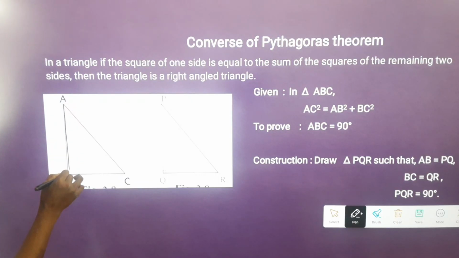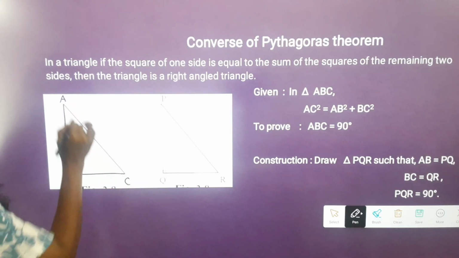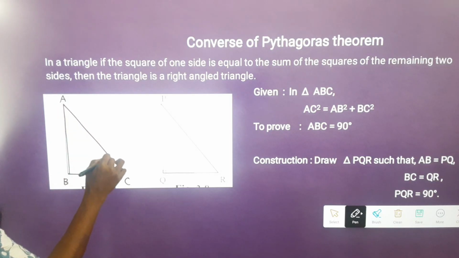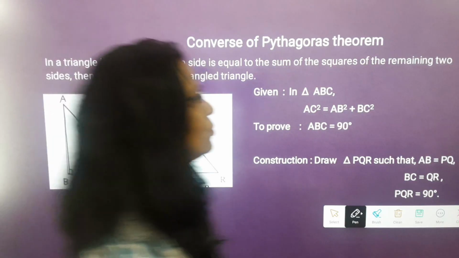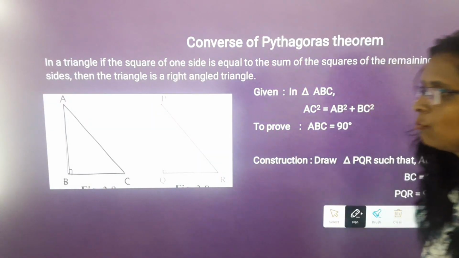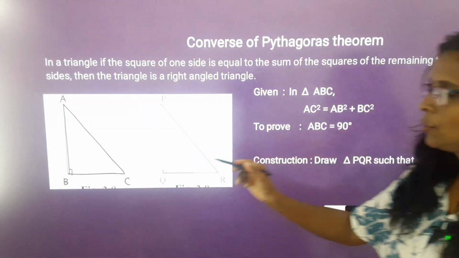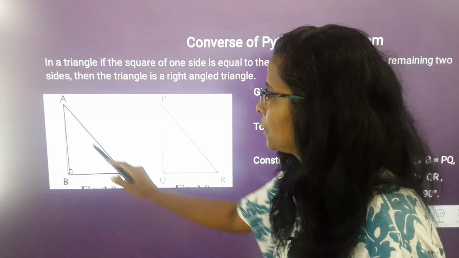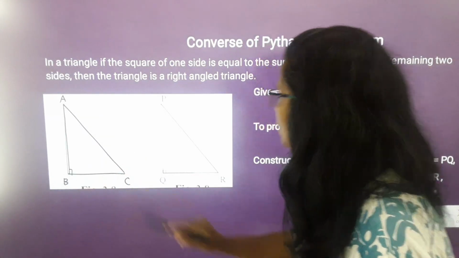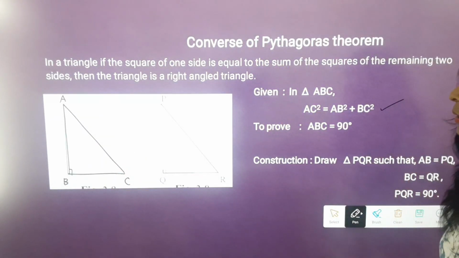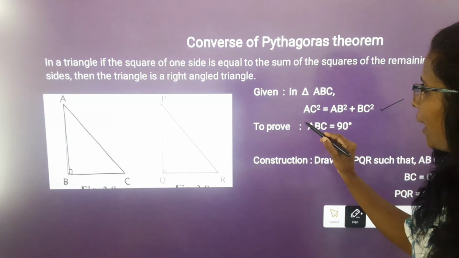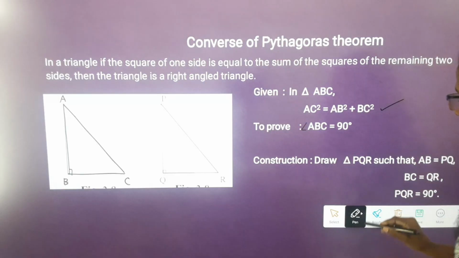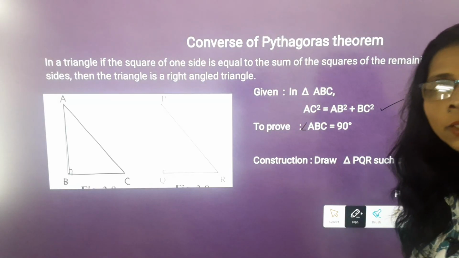In triangle ABC we know that AC square is equal to AB square plus BC square. We have to prove that angle ABC is equal to 90 degrees.